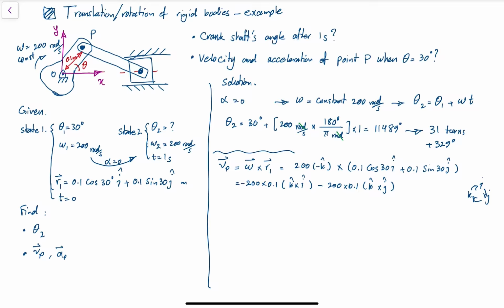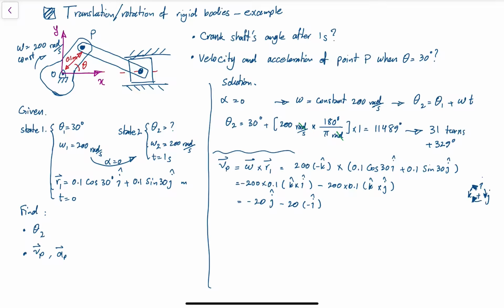This is the direction of positive cross products. So k cross i gives me positive j. K cross j, I go the opposite direction, so I have minus i.